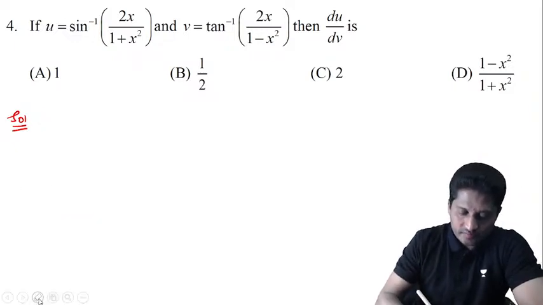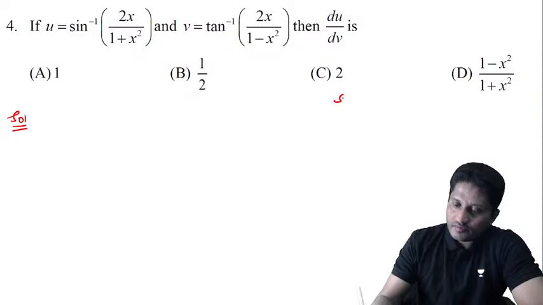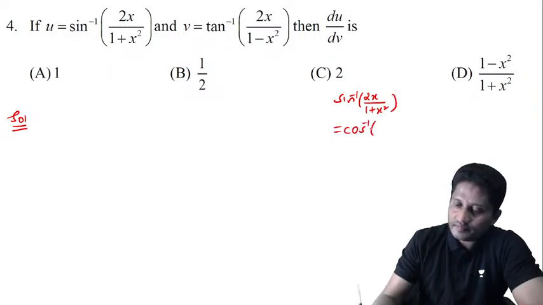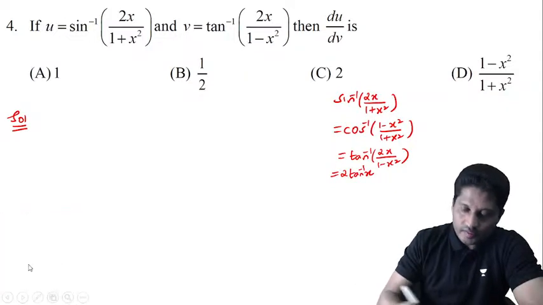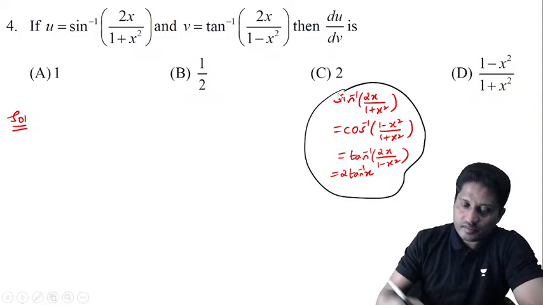So this is sin inverse of 2x by 1 plus x square, the same as cos inverse of 1 minus x square by 1 plus x square. This is same as tan inverse of 2x by 1 minus x square. All are equal to 2 tan inverse of x.